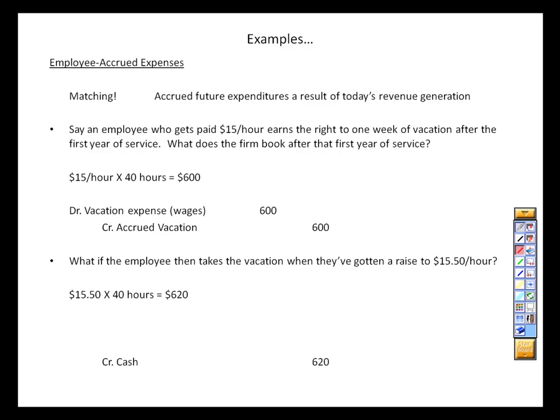So we'll credit cash for $620. But the liability can only be debited for the $600 that we had previously recognized. So what do? Well, we'll plug the difference into wage expense. We had to estimate, and we did our best. If our estimate is wrong, no big deal, just carry on. Just like with our fixed assets in Chapter 6, there's no retroactive treatment when we change an estimate.